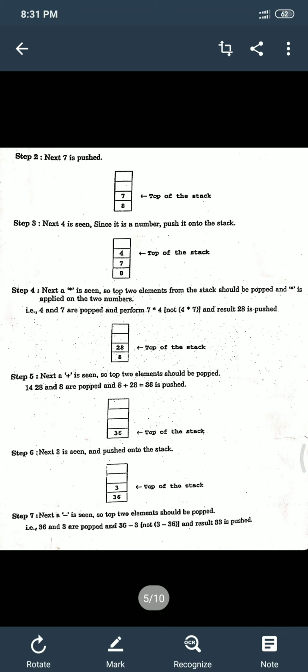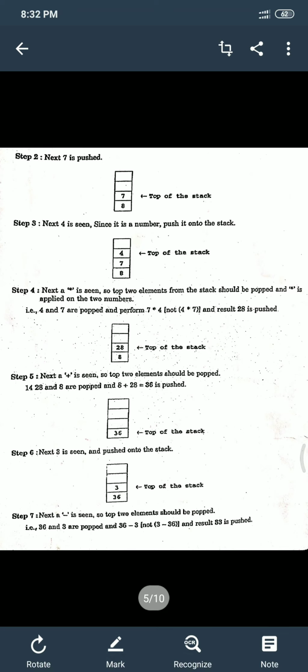So next, while scanning this postfix expression, we come across an operand. Once it is an operand, you have to push it onto the top of the stack. Now you could see in the diagram that I have pushed the number 3 onto the top.